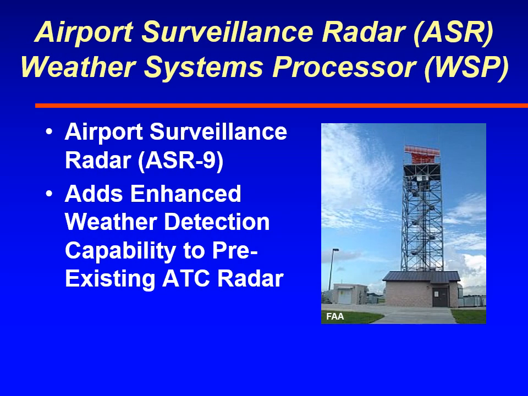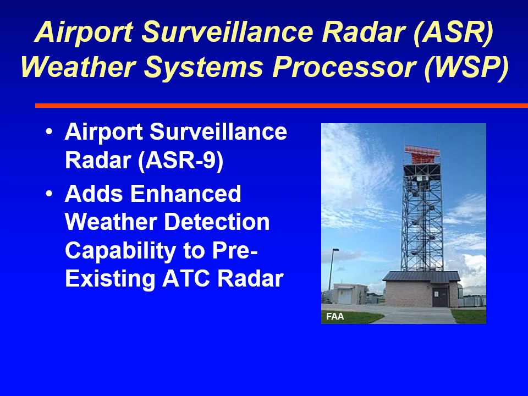Another type of technology that is used is the Airport Surveillance Radar Weather System Processor, ASR-WSP. The ASR-WSP, or just the WSP, is an airport surveillance radar, in other words, an ASR-9, an air traffic control radar, which is an L-band radar that has been modified to be able to detect precipitation and also to detect wind shear.